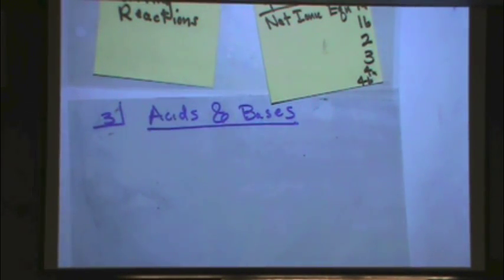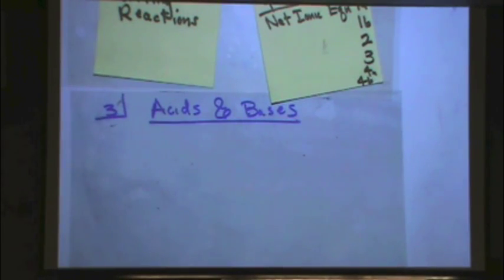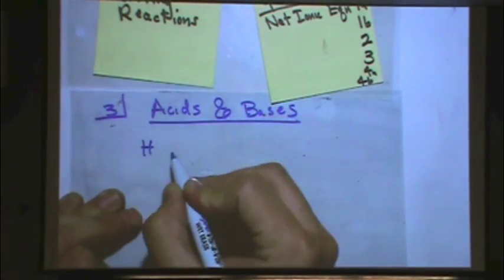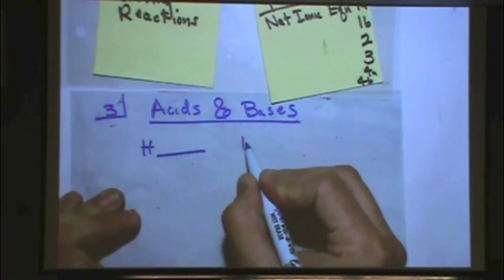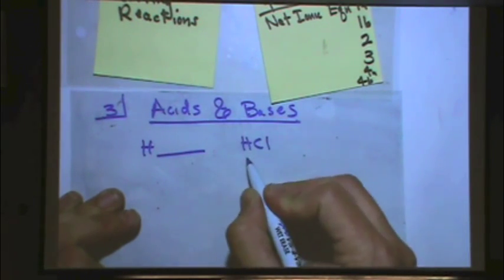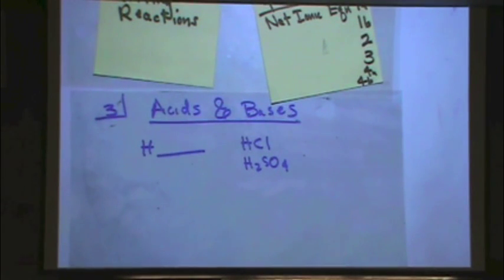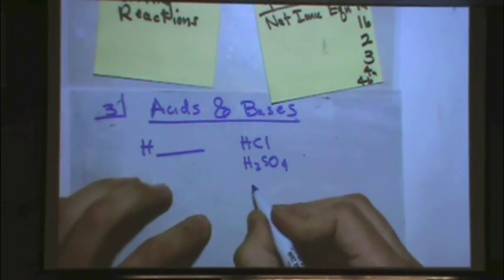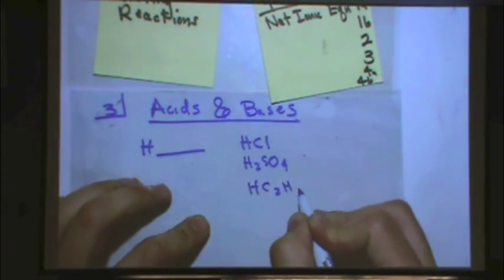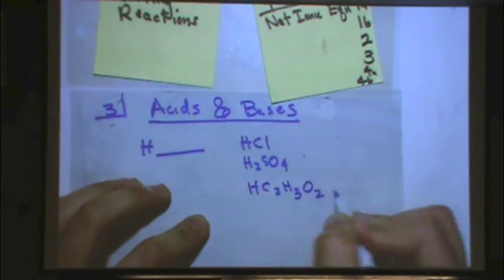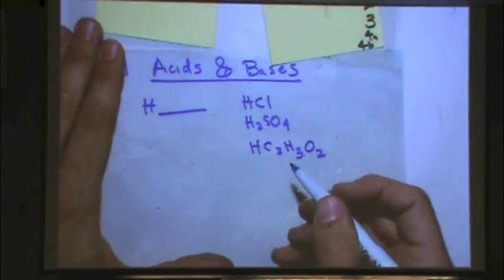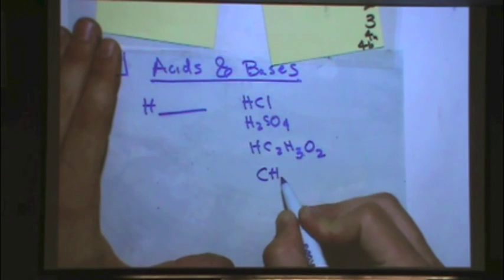An acid, I already told you, is something, as far as we'll typically see in Chem 2A, that has an H in front. So it's H blank. For example, HCl, hydrochloric acid, H2SO4, sulfuric acid, etc. Those are good acids. There's also, this would be another acid, acetic acid. You'll see sometimes when you take OChem, they write this differently.